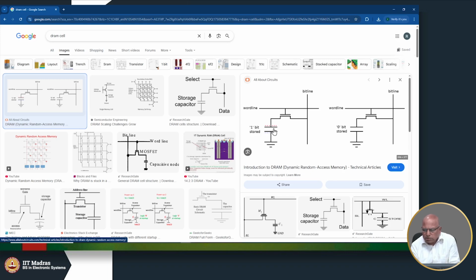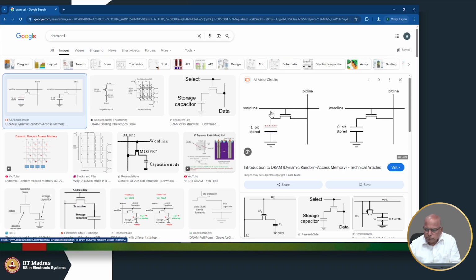But DRAM can be slower, because writing, as you can see, is dependent on charging. So you have to wait for this capacitance to get charged, or you have to wait for the capacitance to discharge. The other problem can be, let us say I have written a 1 to this cell and charges have been stored, then let us say I deselect this line.